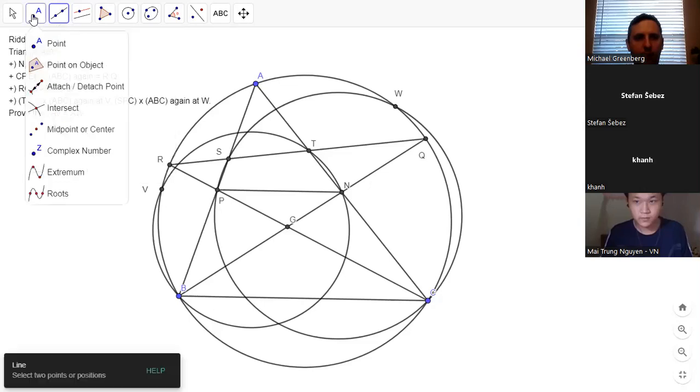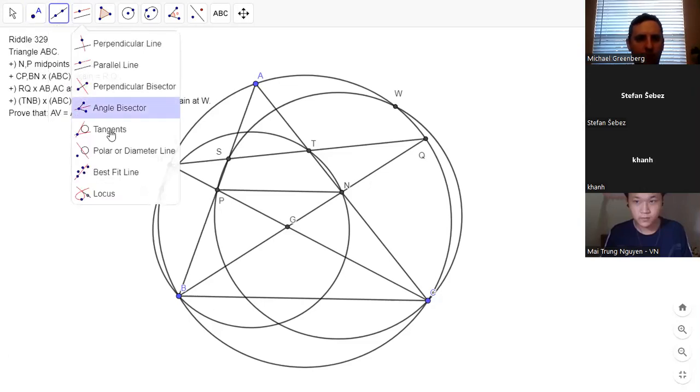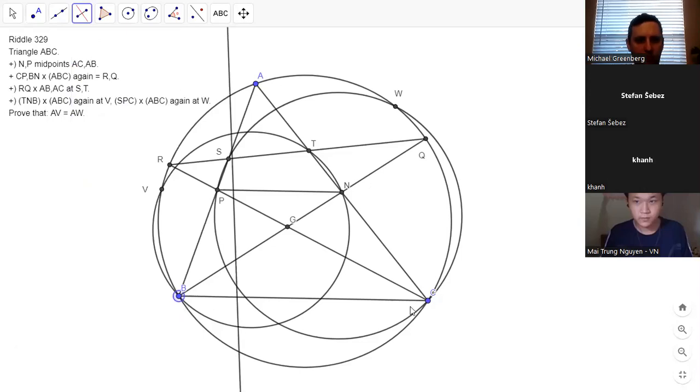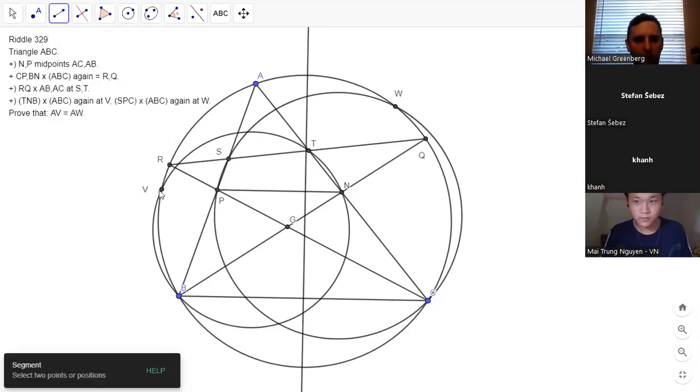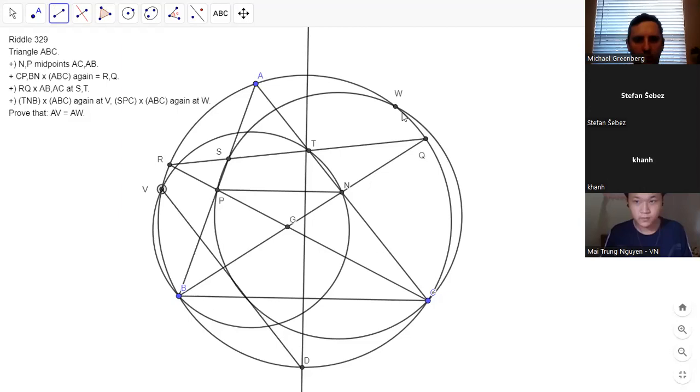But I could just try the midpoint of arc BC for now. And then we'd want to show that this is an angle bisector, but I'm not sure if that's so easy. I'm going to erase that just for now.